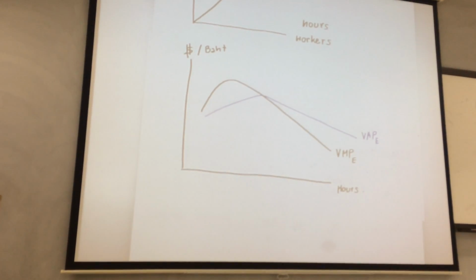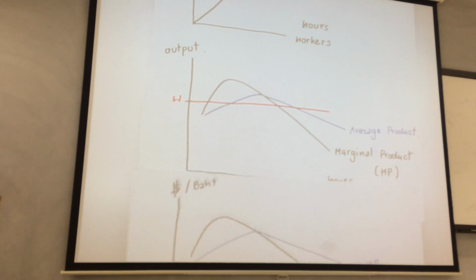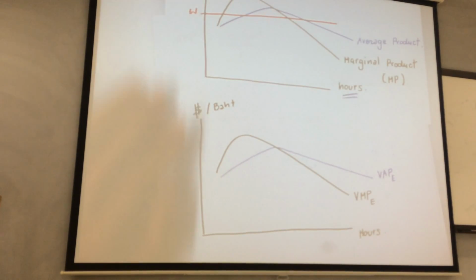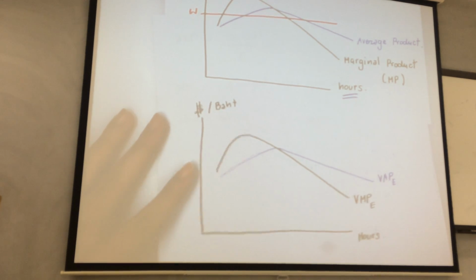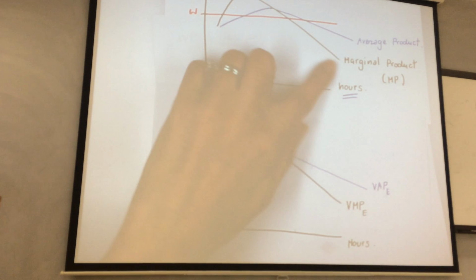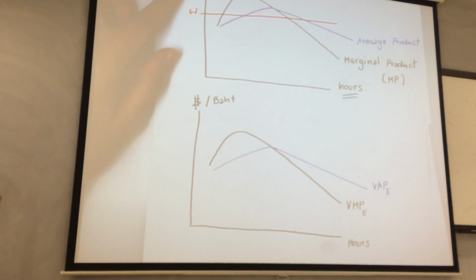So how can you compare this? Well, this is just a translation of this graph into monetary value right here. So it's not very difficult, right? This graph tells you the thing in units, like how many pieces of output. So if you want to know the value, you just multiply the number of output with the price.